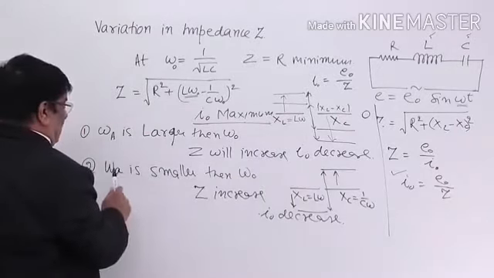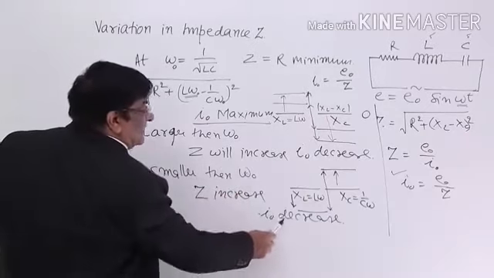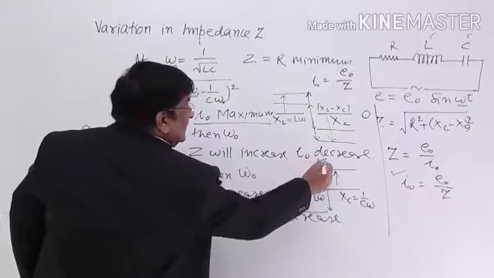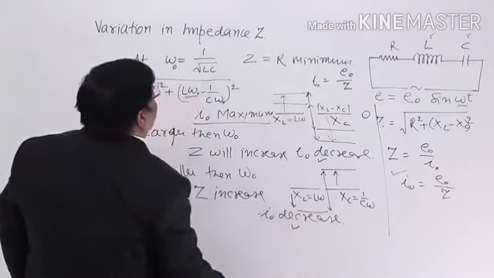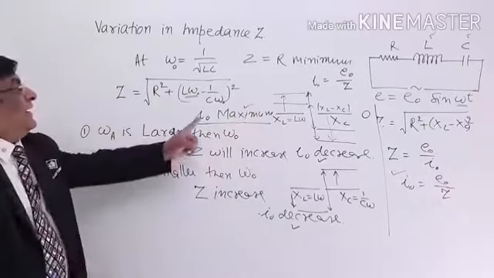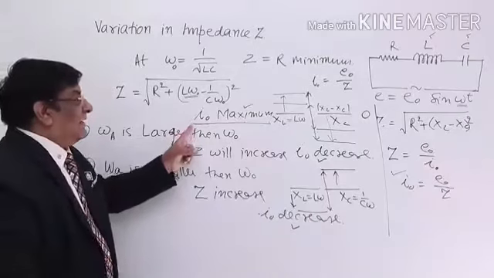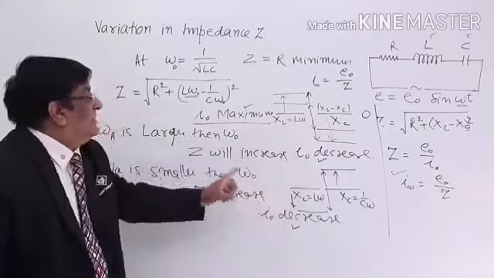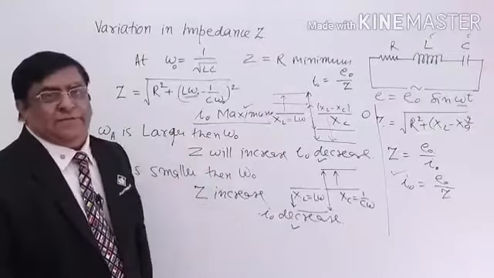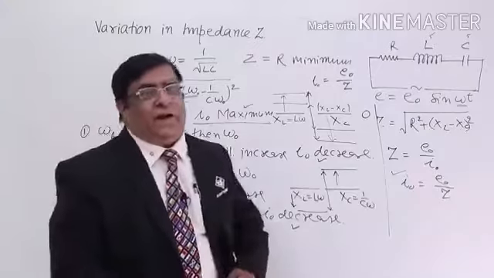If frequency is smaller than natural frequency, again current decreases. So current is maximum at natural frequency, and current will decrease in both the cases, whether we increase the frequency or decrease the frequency.